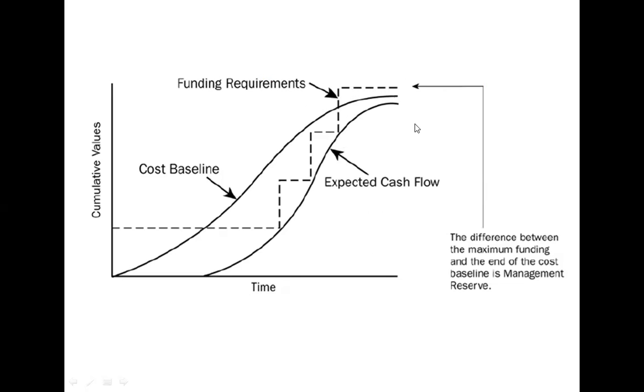So we can ask our sponsor to fund the project for a particular amount of money looking at this graph. So the difference between this maximum funding and the end of the cost baseline is the management reserve. We have got some amount of money in our hand, which is called the management reserve. So that amount of money is required to carry out the activities of the project on time. Okay. That's a reserve. So we may have an extra amount of money.